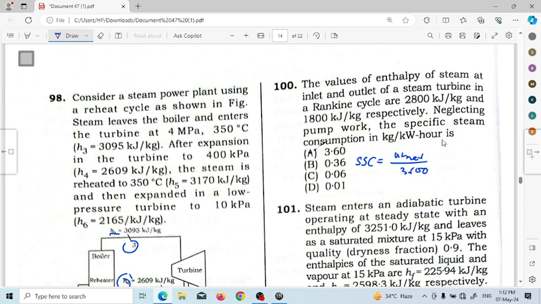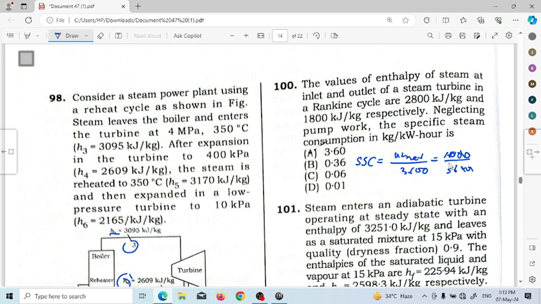W net, given the turbine inlet and outlet, is 2800 minus 1800, which is 1000.